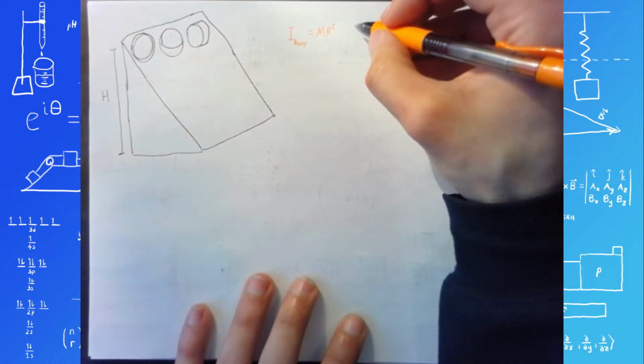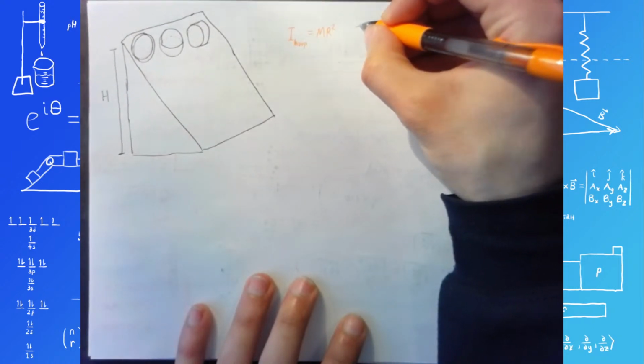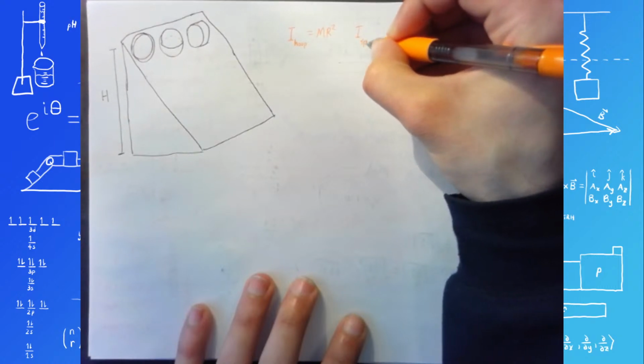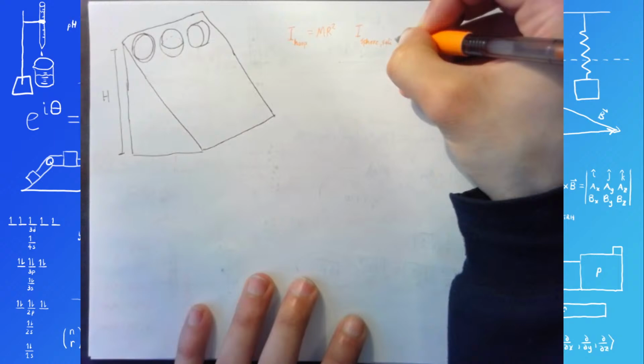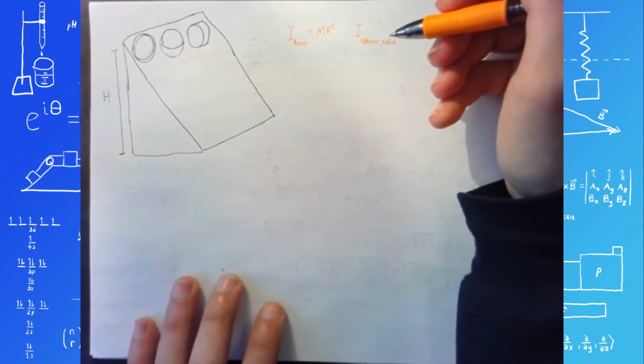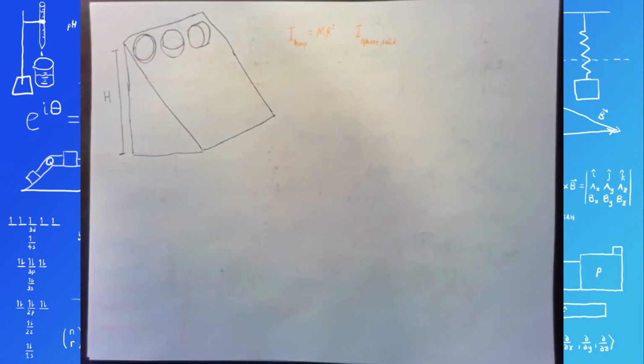For a solid sphere, I sphere solid, rotating, of course. Well, what is the axis of rotation for these? That's something I didn't talk about last time.